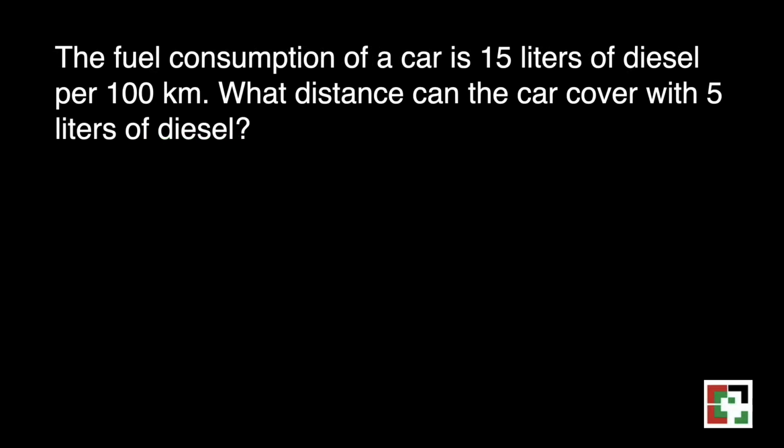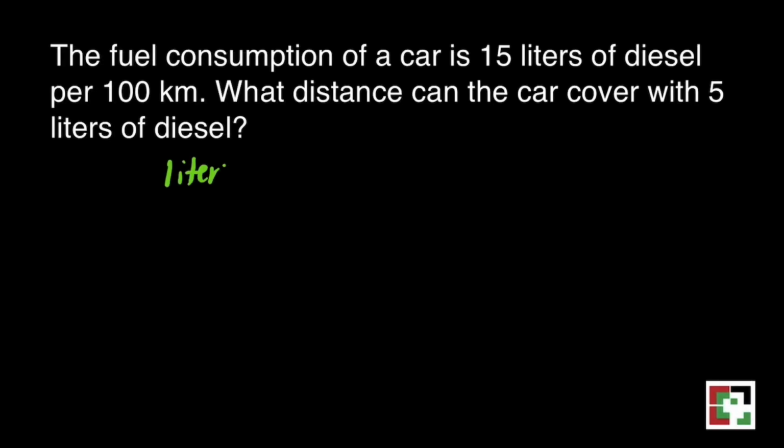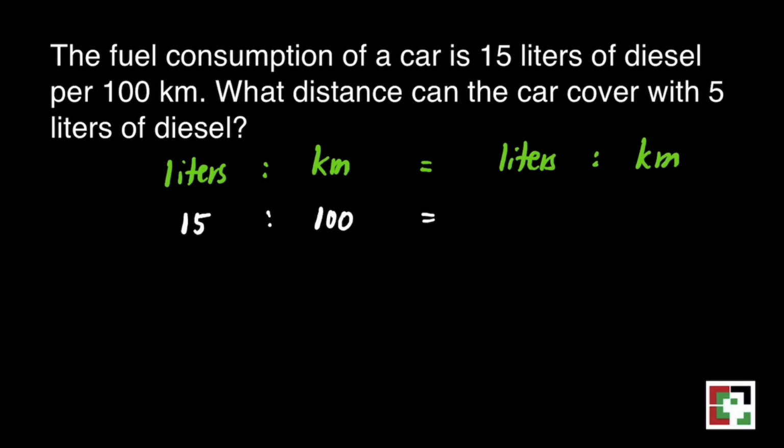Next question. The fuel consumption of a car is 15 liters of diesel per 100 kilometers. What distance can the car cover with 5 liters of diesel? We'll write liters is to kilometers is equal to liters is to kilometers. 15 is to 100 equals 5 is to n.